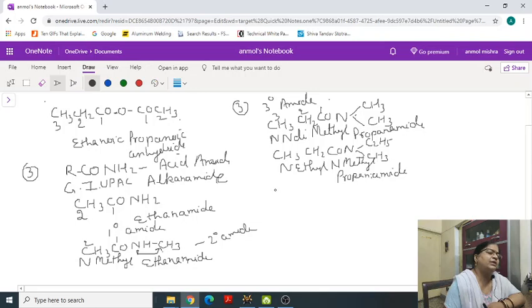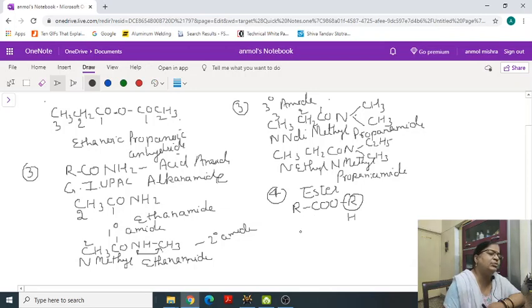And the fourth derivative of acid is the ester group, that is RCOOR. This R is obtained by replacing the H of carboxylic acid.